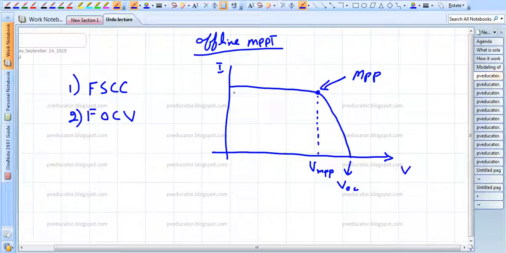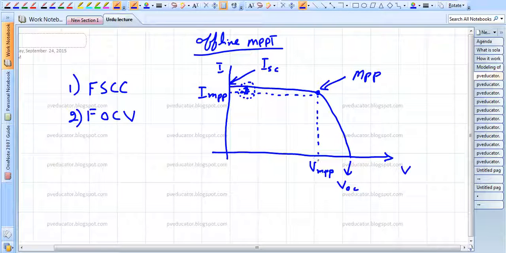right? And similarly we have this point which is known as the short circuit current ISC, and this point is the maximum power point current IMPP. So you can see that if we measure this ISC, then by multiplying it and adjusting this difference in our algorithm, we can reach this point MPP.